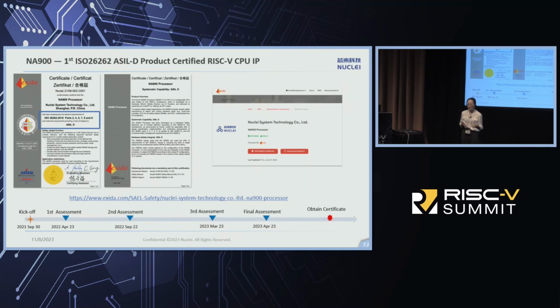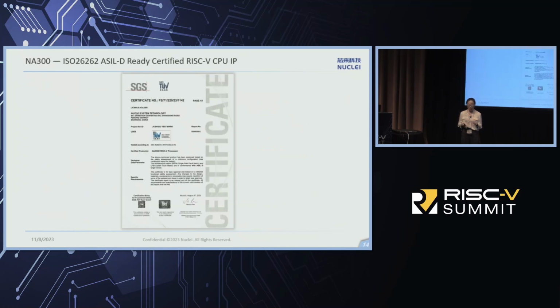It spans about 18 months to get the certificate done. If you are interested, you can access ASIL-D's web page to download the certificate and the whole assessment report. Due to time consideration, we worked with SGS to get the ASIL-D ready certificate for the NA300.